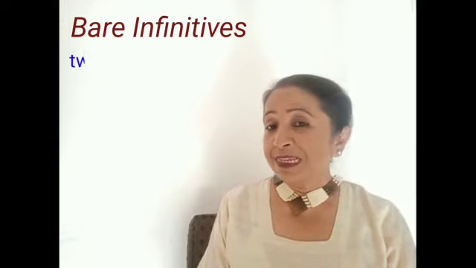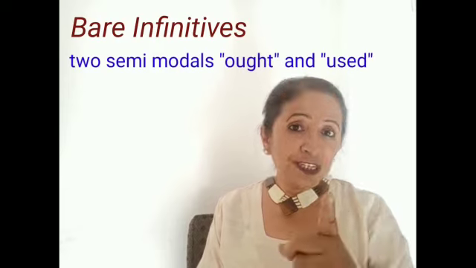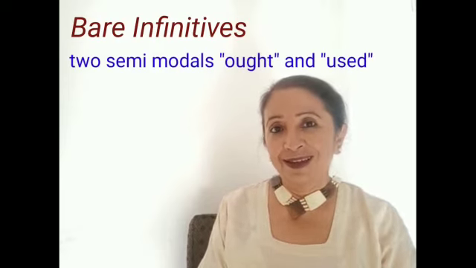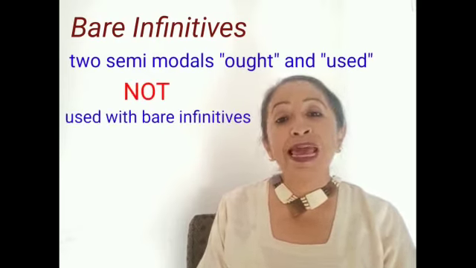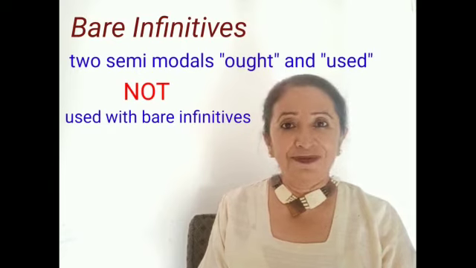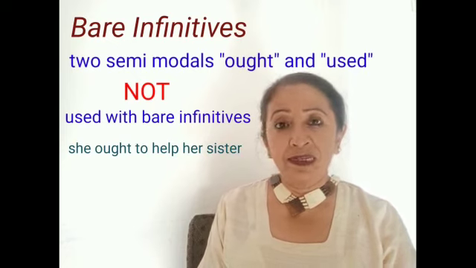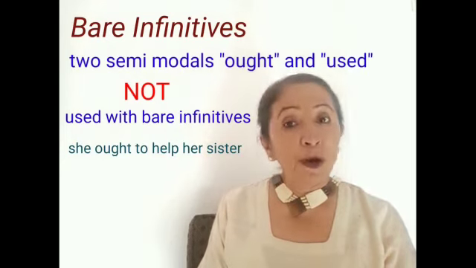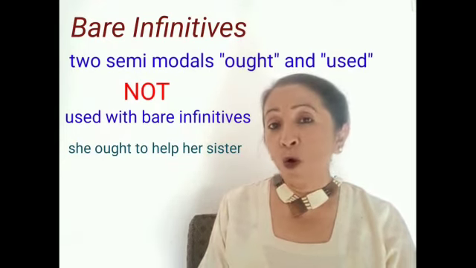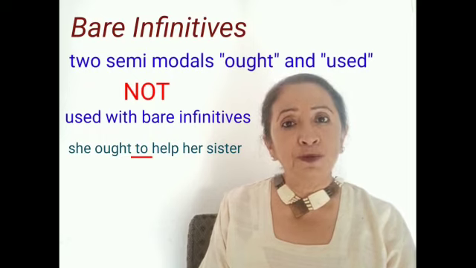Now there are two semimodals, ought and used. We don't use bare infinitives with them. For example, she ought to help her sister. Ought is followed by to.